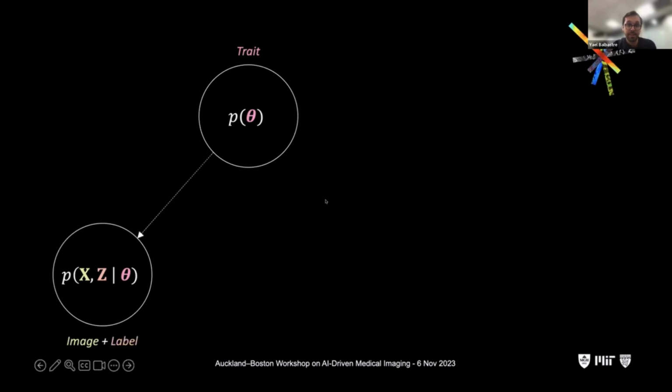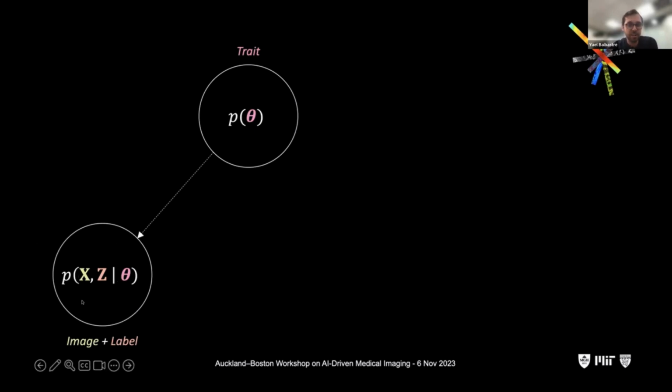The alternative is to use a discriminative model, so one of these flexible functions that we fit to the data. But often we don't have the distribution itself. We just have a big data set of images that we can sample from, right? So I can ask for one pair of image and label, then the next one, and another one, and another one.